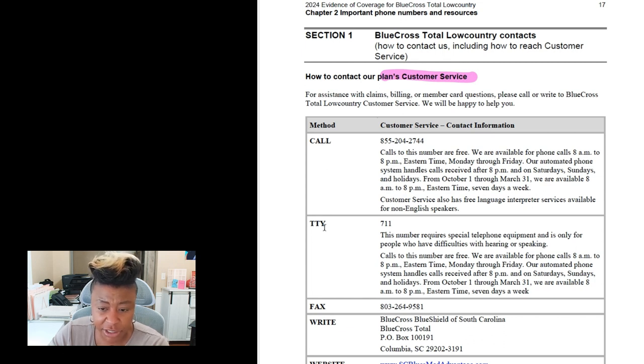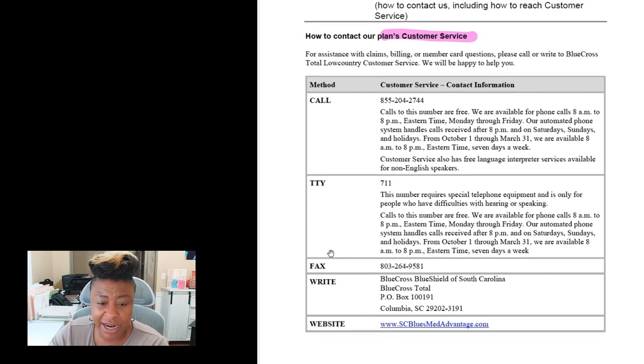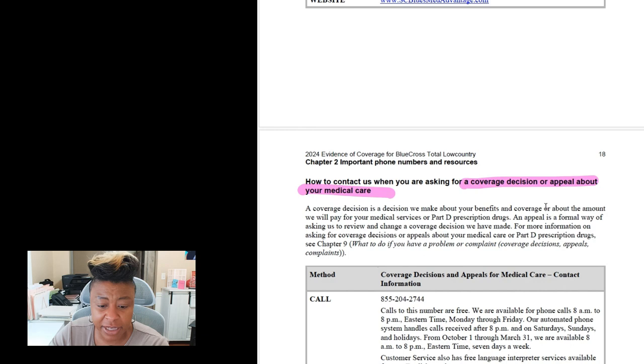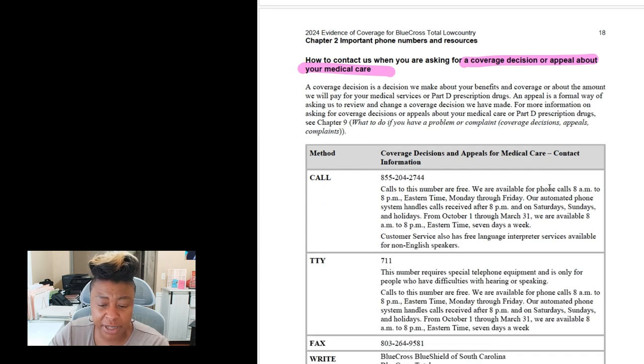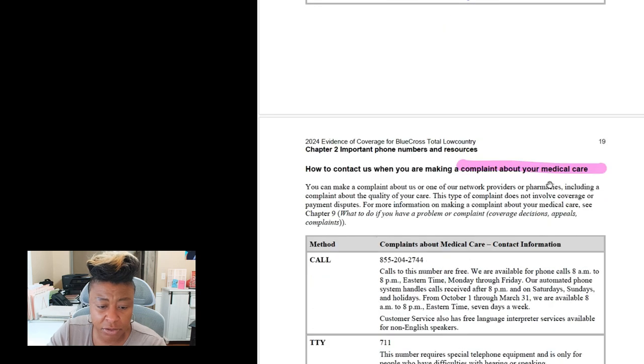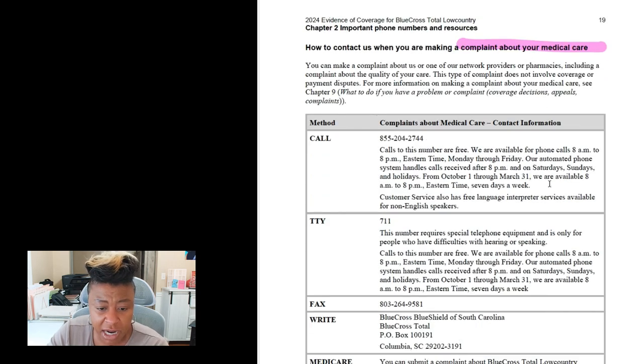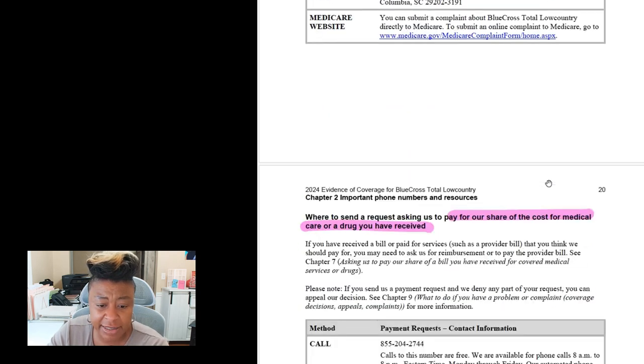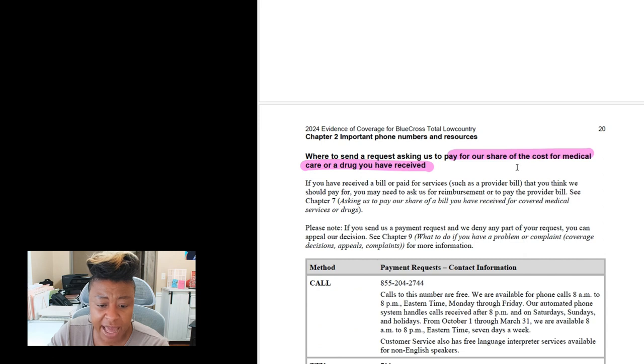If you have a coverage decision or appeal about your medical care, who do you contact? And how do you do that? If you have a complaint, who do you call and how do you contact? If you think the plan should pay a part of a medical care or drug that you received that they did not, this is how you get access to the plan to tell them that.